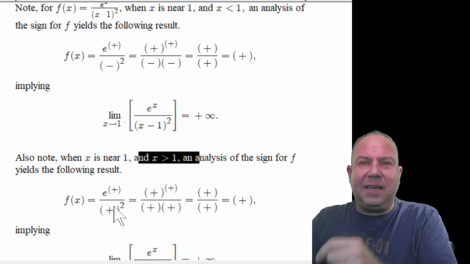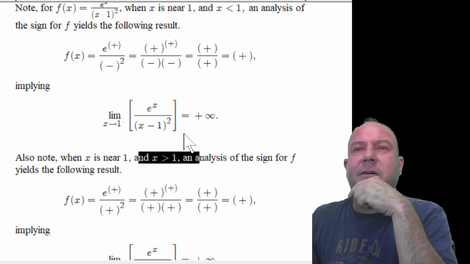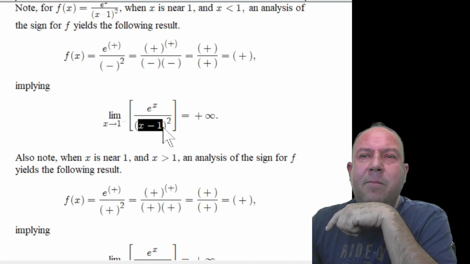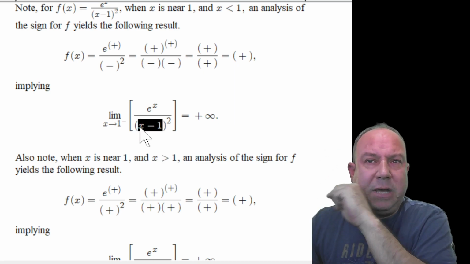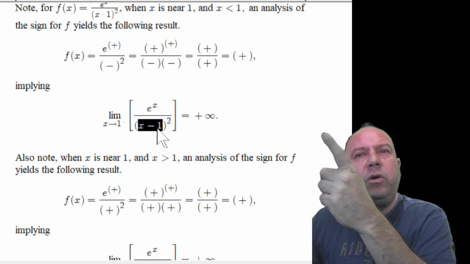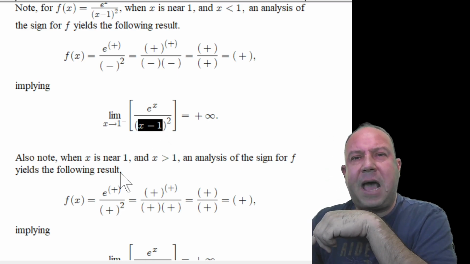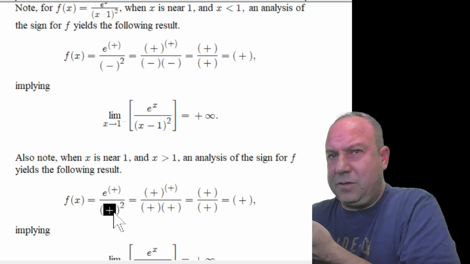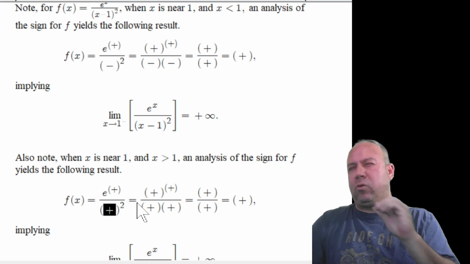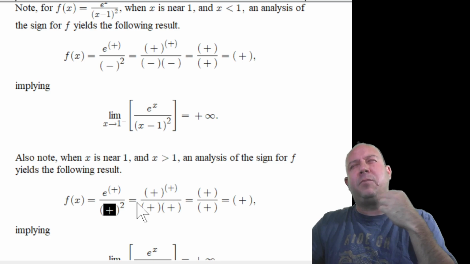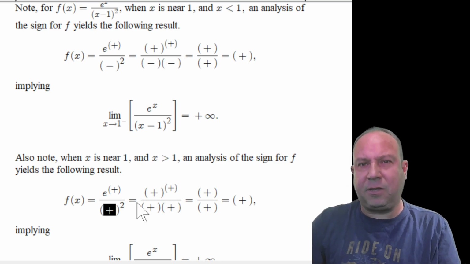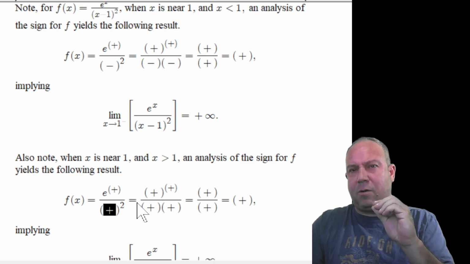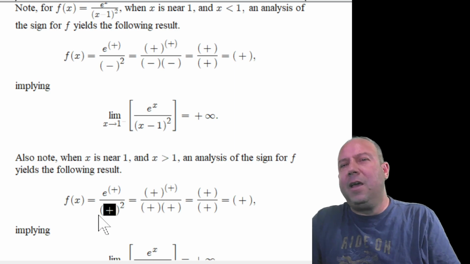But in the denominator, we would have a number close to 1 but bigger than 1, where we would be subtracting 1 from that value, which yields a positive result. If you take 1.1 and you subtract 1, you're going to end up with positive 0.1 in value. You're going to get something just a little bigger than 0.